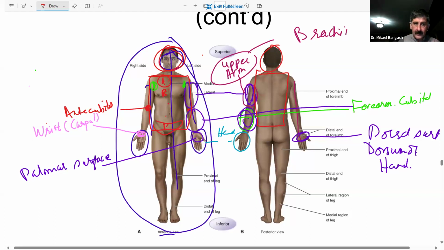The word cephalic can also be replaced with the word superior. We could also use the word supra. And we can even use the word cranial, because it means more towards the cranium or skull.